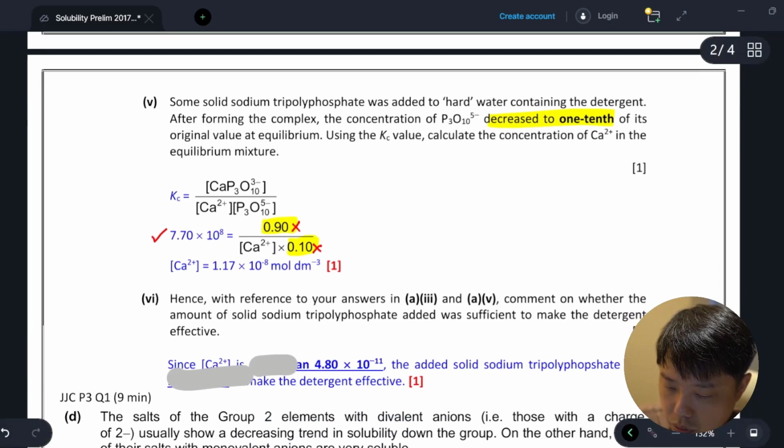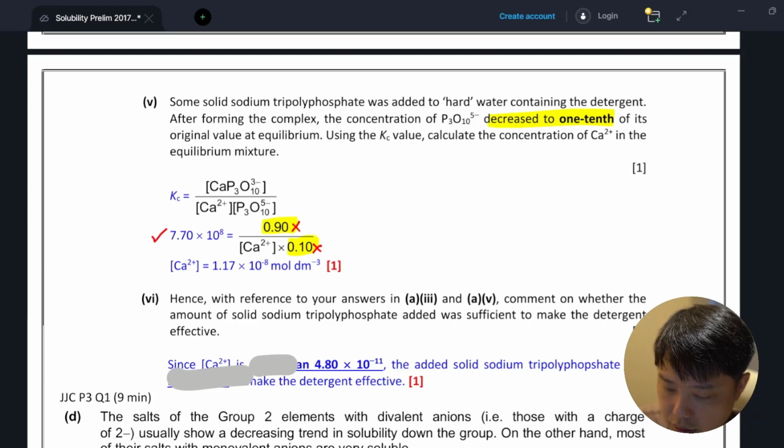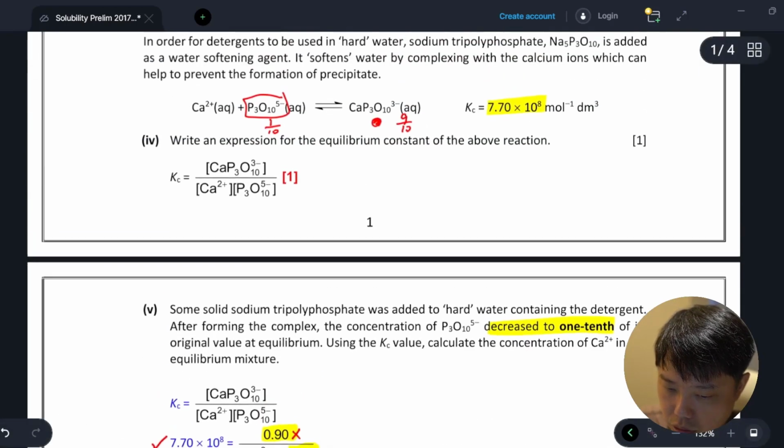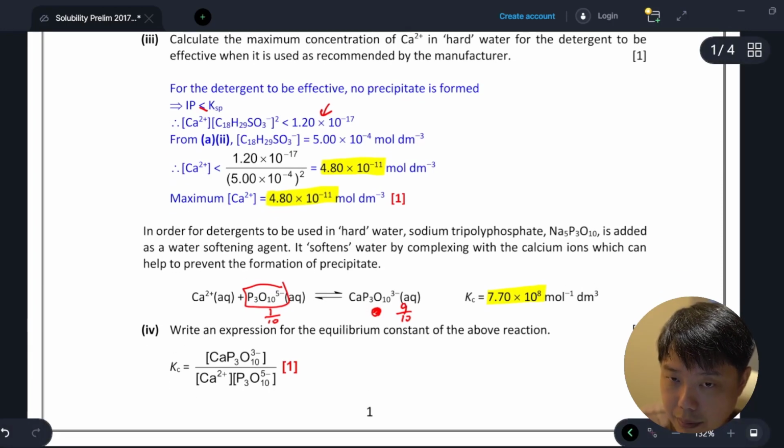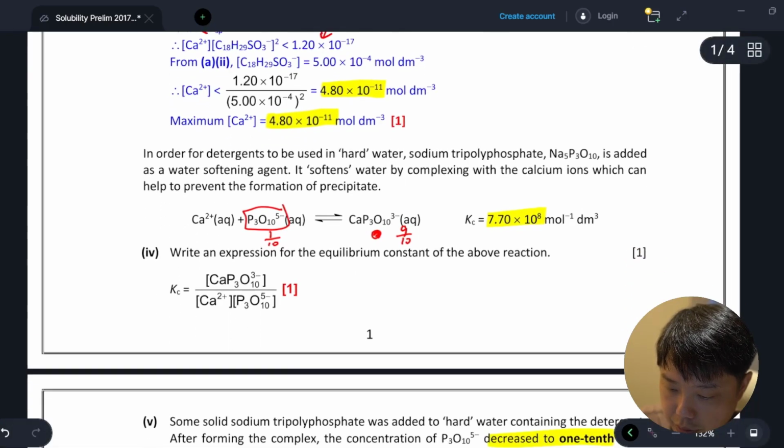Hence, if we look at this answer and reference part 3, for part 5, is this amount sufficient to make the detergent effective? You look at part 3, this is the maximum calcium that can be allowed before a precipitate forms.